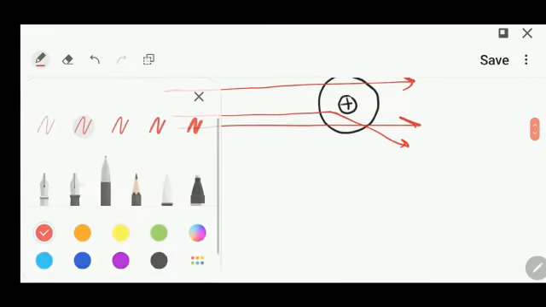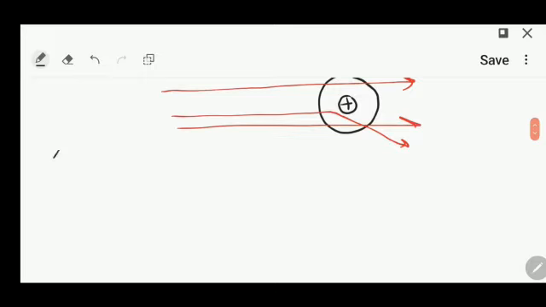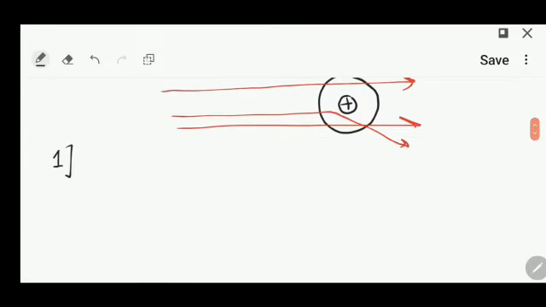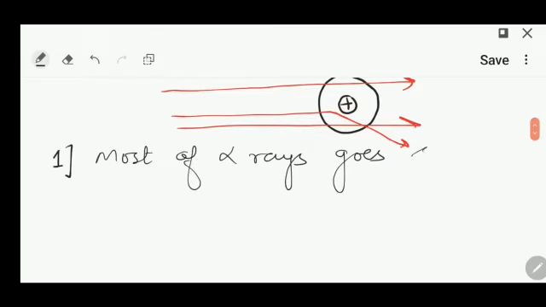What are the observations which are made? Number one: most of the alpha rays go straight through this foil.